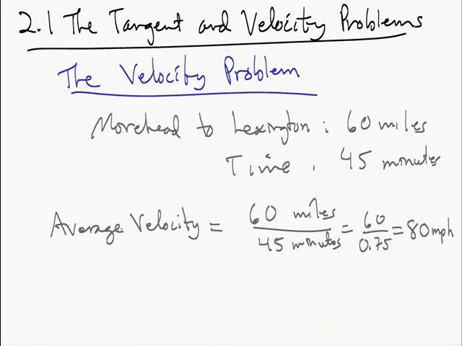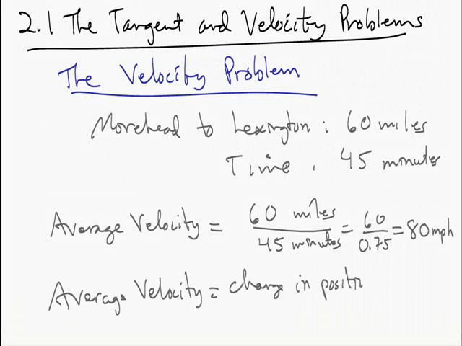And so, as our book points out, in general, if we wanted to calculate the average velocity of something that is moving, we need to take the change in position of that item and divide that by the corresponding change in time. Well, if you remember what we were doing in solving the tangent problem, we were doing something very similar. We were measuring the change in position and then dividing that by the change in the independent x value.